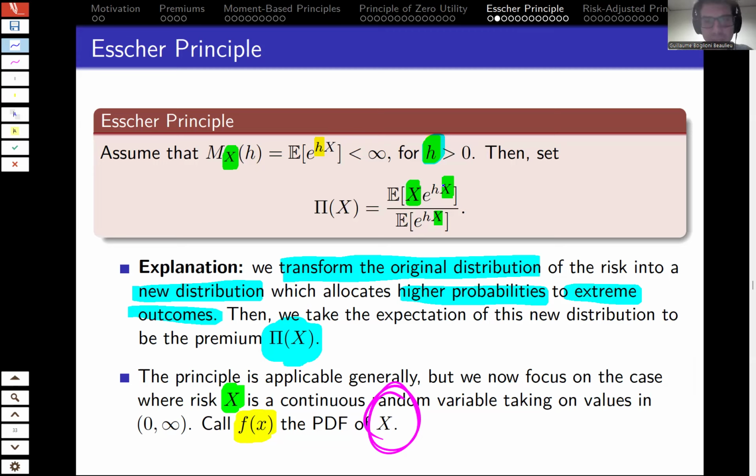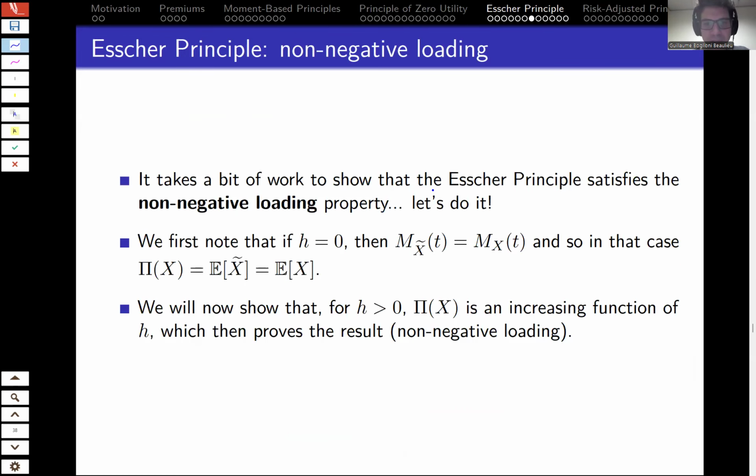Well, yes, because if h is 0, e to the 0 is just 1, so it's not there anymore. On the bottom, same thing. So you would be left with just the premium being the expected value of the initial risk x. Here they explain it in a different manner: the MGFs are the same, so the expectations are the same.